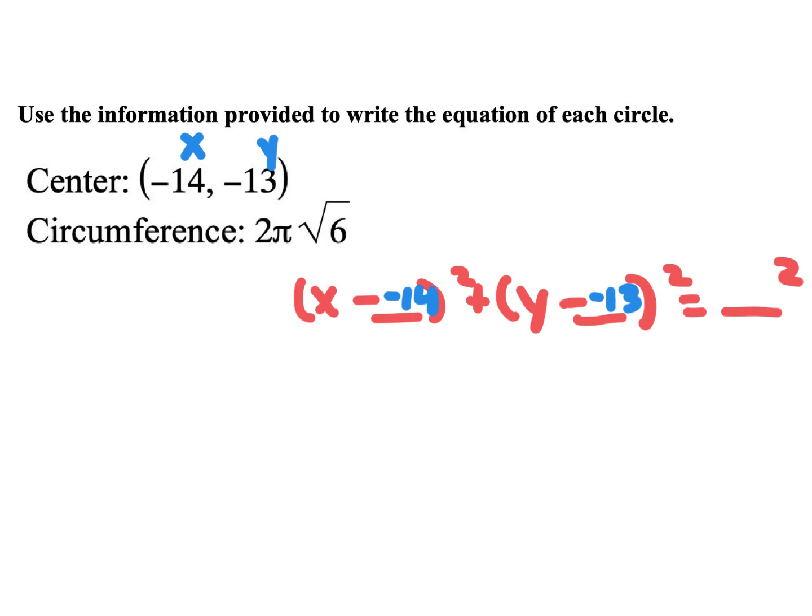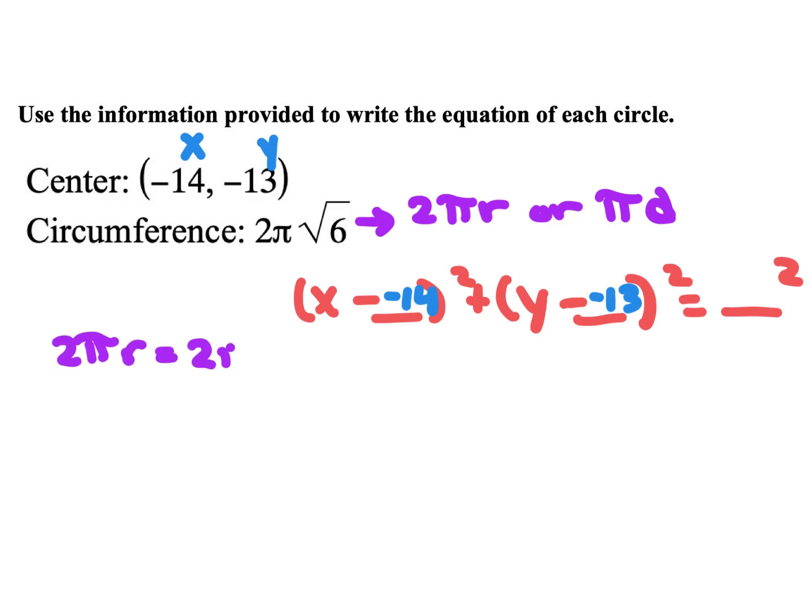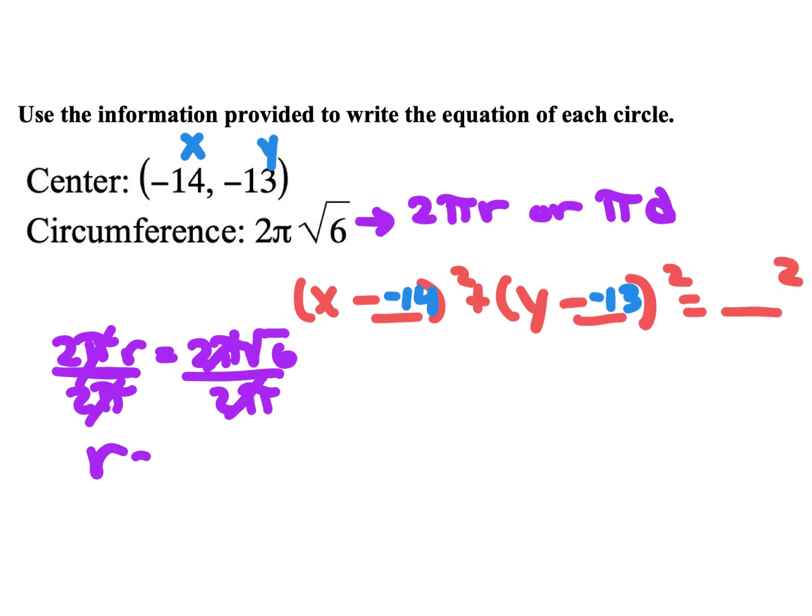And the radius, I don't know, but I know the circumference is 2 pi root 6, which you can set equal to 2 pi times the radius or pi times the diameter. If I set 2 pi times the radius equal to 2 pi root 6, divide both sides by 2 pi. So these cancel. See, the radius is radical 6.